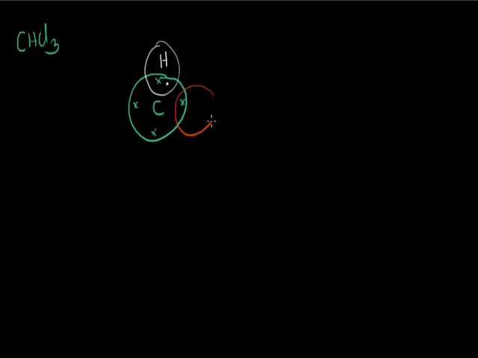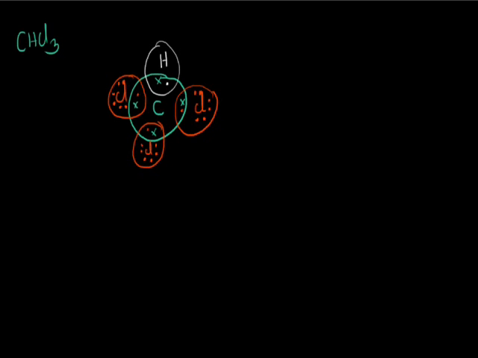Here is a Cl having 7 valence electrons: 1, 2, 3, 4, 5, 6, 7. Another Cl with 1, 2, 3, 4, 5, 6, 7. And here is another Cl with 1, 2, 3, 4, 5, 6, 7.